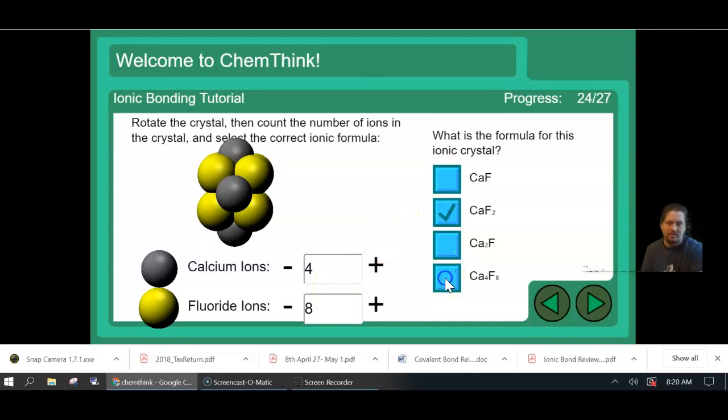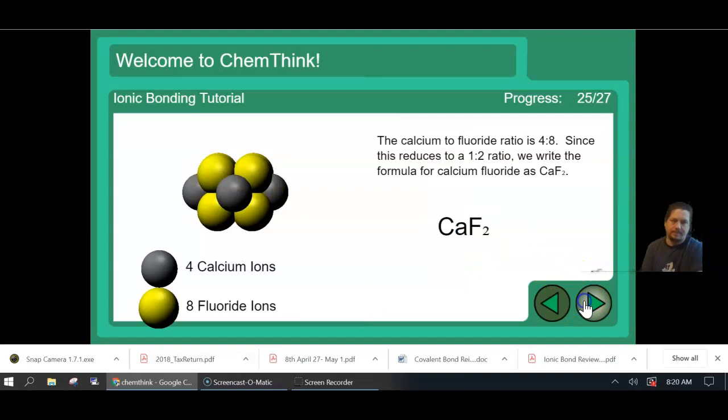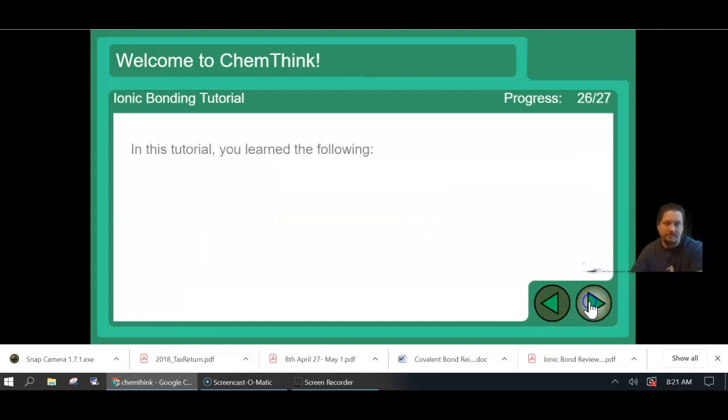Here's the actual formula. Calcium fluoride ratio is 4 to 8. We reduce it to 1 to 2. Therefore, we write the formula like this. If you remember back to the ionic bond review, calcium has a 2 positive charge. Fluorine has a negative 1 charge. So, it works out there.